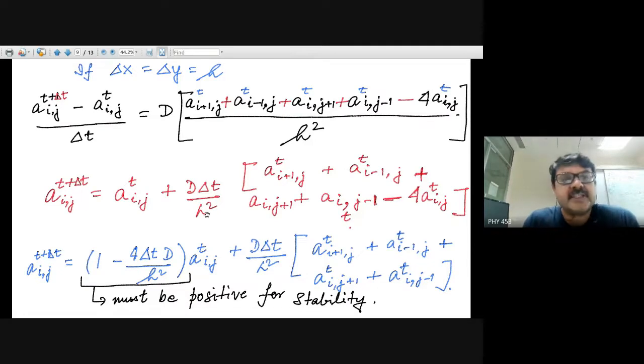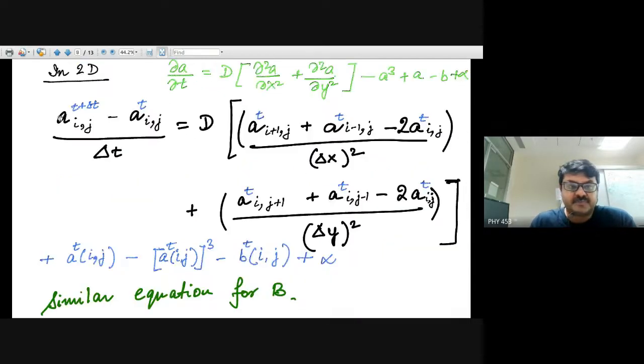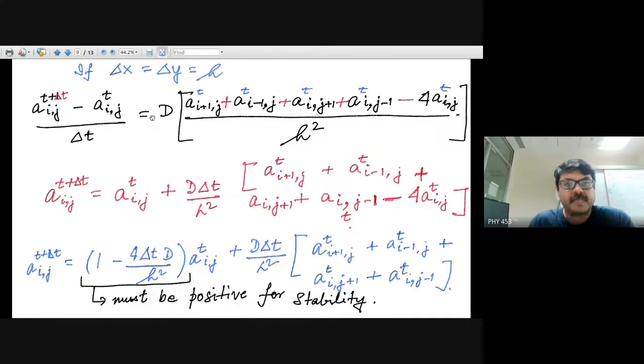Now if delta x and delta y were equal to h, this equation would look a bit simplified. So here you still have this term, right? But on the right hand side, what you have is, if you have a lattice point, i plus 1, i minus 1, j plus 1, j minus 1, minus 4 ij calculated at time t, right? Now if you take this delta t here and the h square here, then what you have is d delta t by h square.